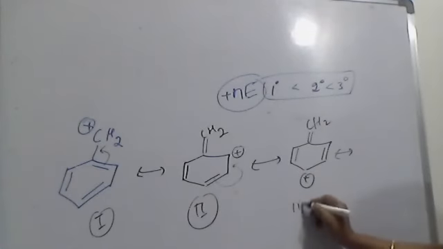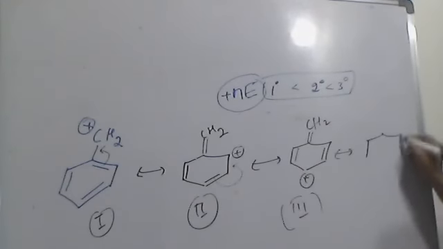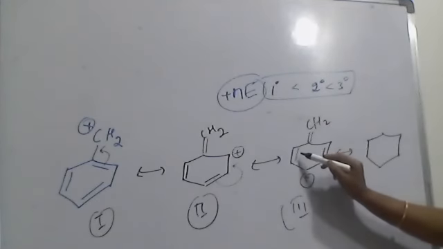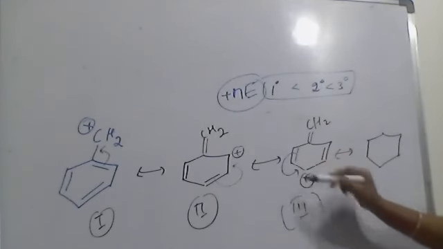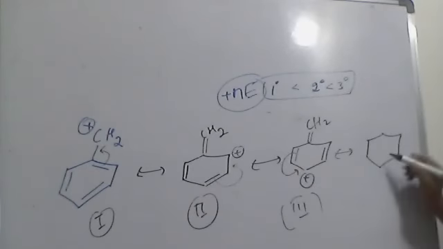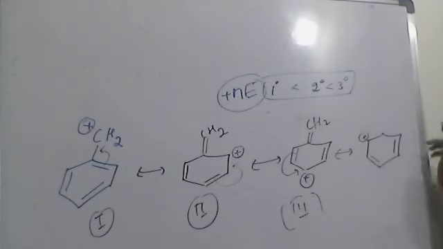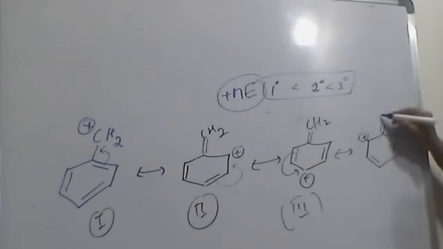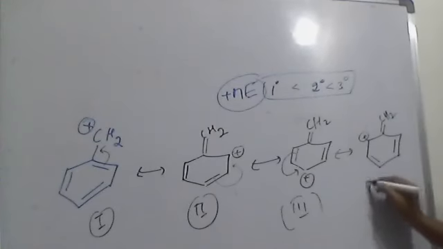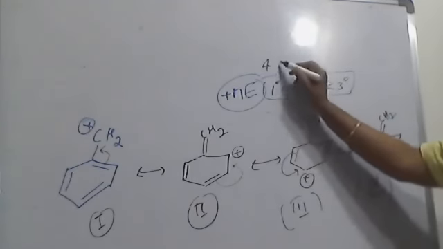This is the third structure. This time, this pi bond will shift here in between the sigma bond, that is this para and beta. So a new bond is formed here, this old bond, and this ortho will become positive, and this CH2 is neutralized. So this is the fourth. So in primary, the charge is shared by 4 carbons.